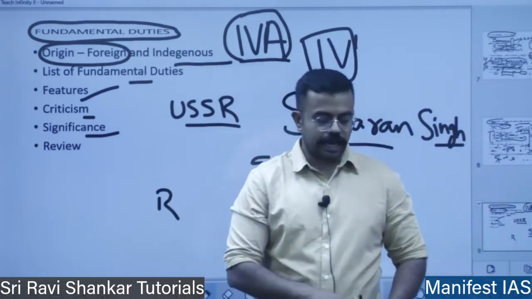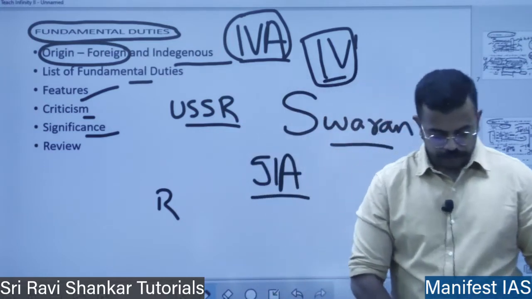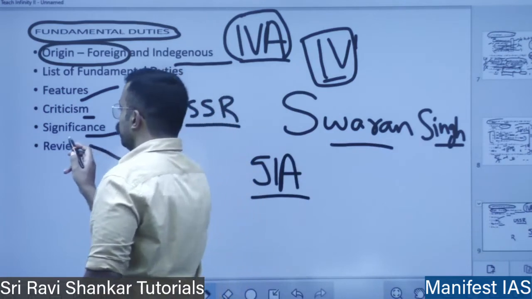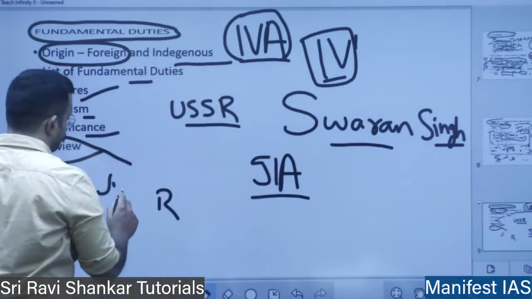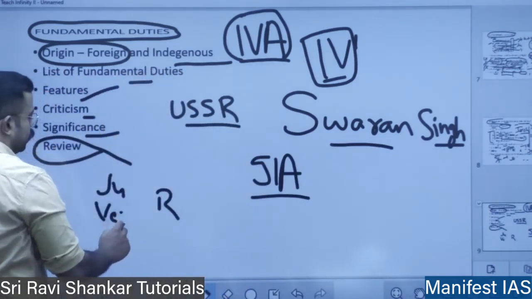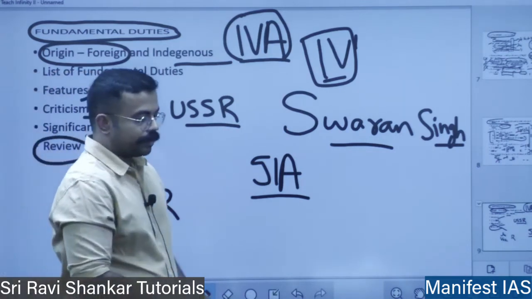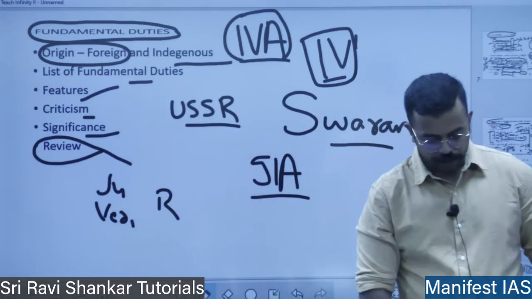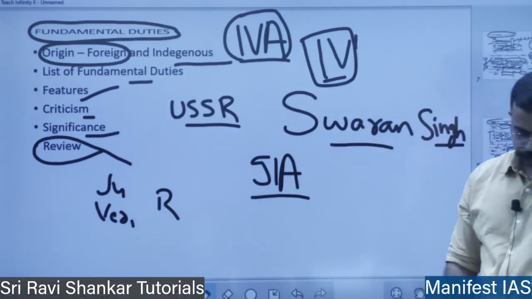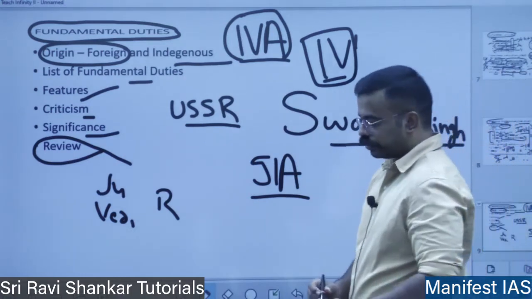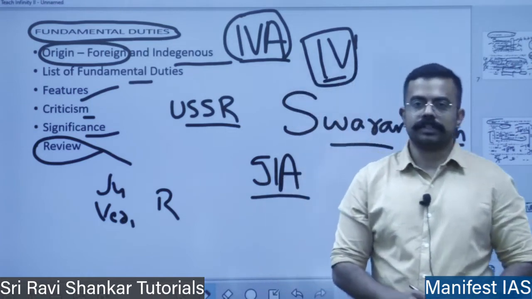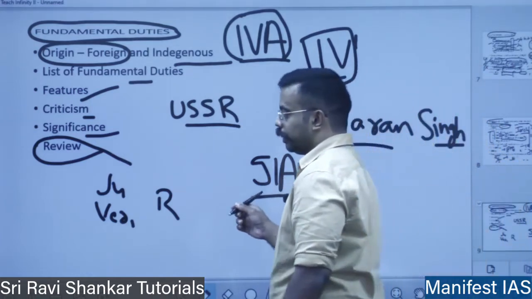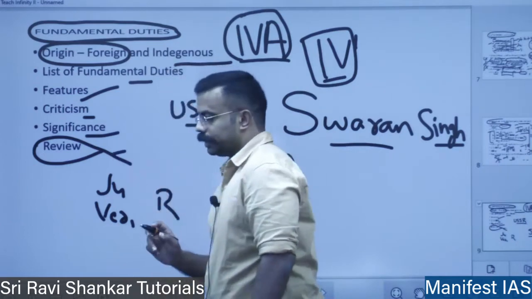Okay. Next, last but not the least. These fundamental duties were reviewed by the Justice Verma Committee. Very, very important. They said that fundamental duties should continue to be a part of the Constitution. Many acts derive their source from the fundamental duties.